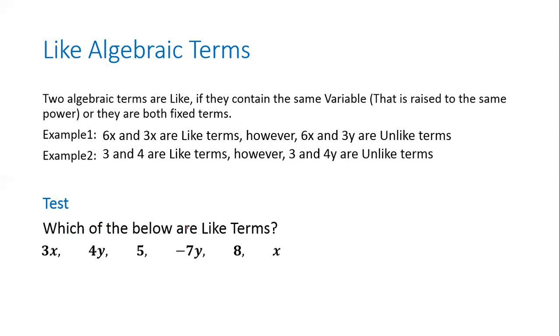Let's take a test. Which of the below terms are like terms? We can simply find that 3x and x are like terms as they both contain x as a variable, and 4y and minus 7y are also like terms since they contain y as a variable.